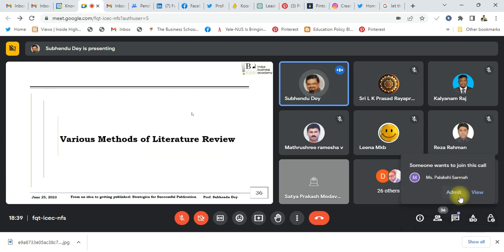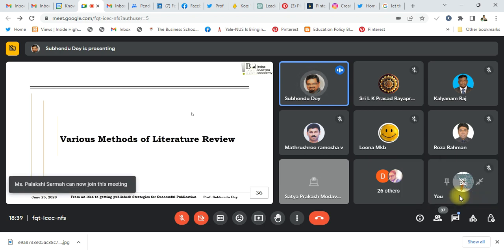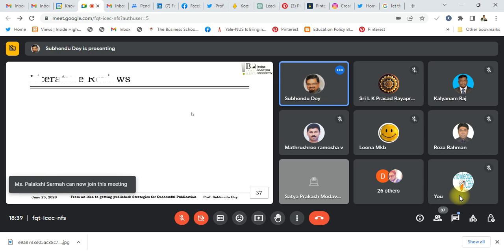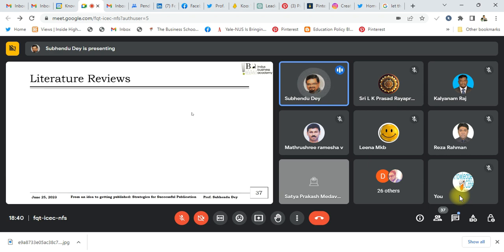So we'll start with the various methods of literature review. Can anybody tell me what are the various methods of doing literature review? How do we do literature review?